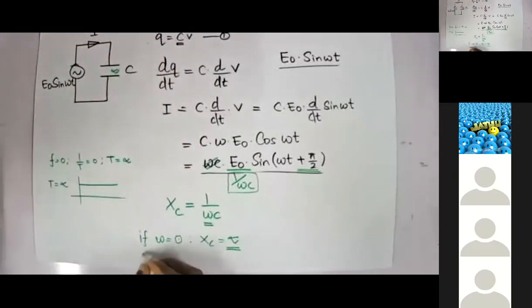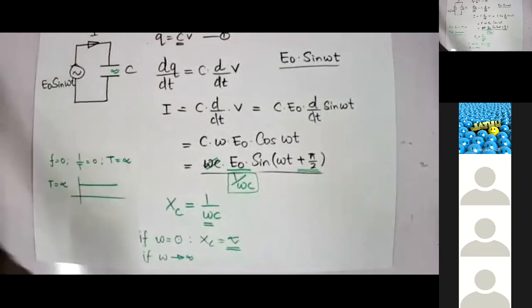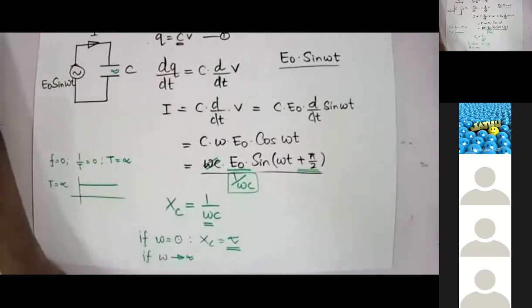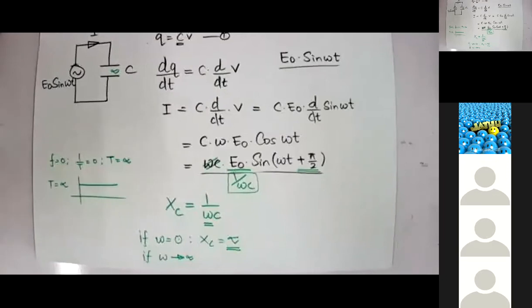If omega approaches infinity, which means very high frequency, what will happen to Xc? Xc will become 0. So at high frequencies, your reactance will be 0, and hence it will be short circuited.